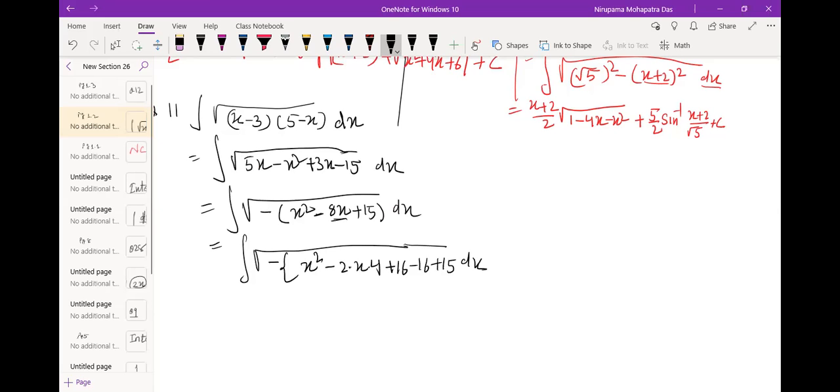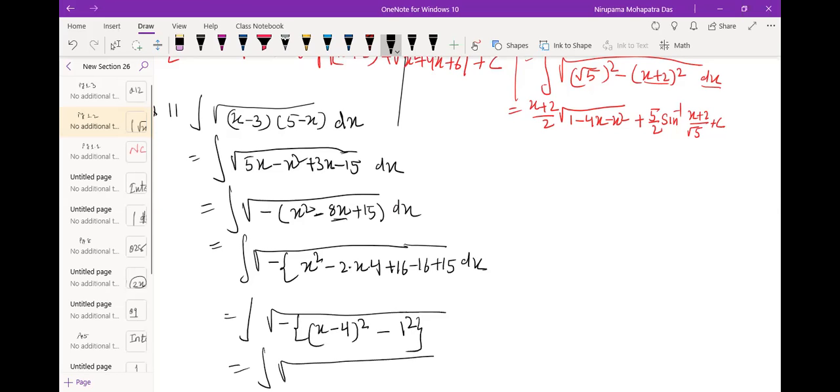Now here, minus of this, you are getting a square minus 2ab plus b square. So you are getting here x minus 4 whole square. Now minus 16 plus 15 means minus 1. So at this step you can take minus inside.